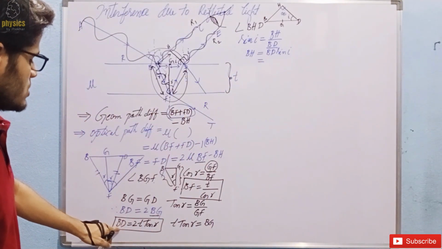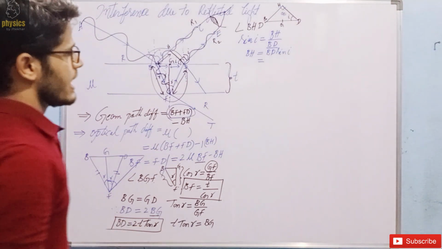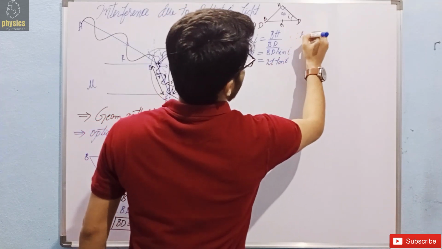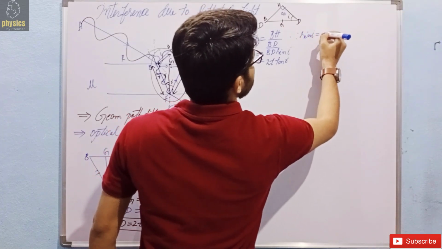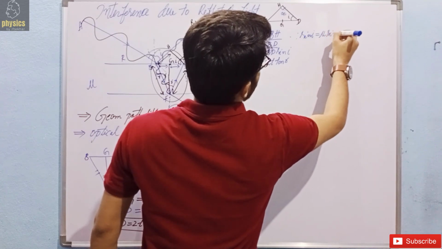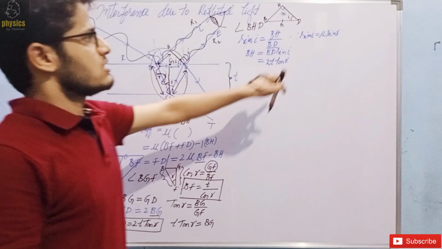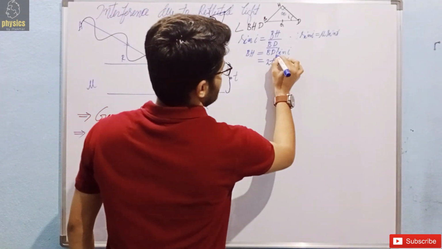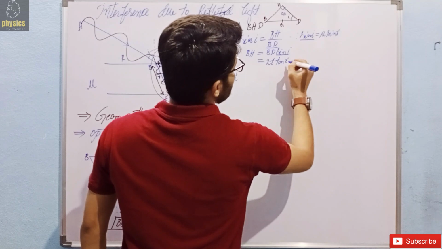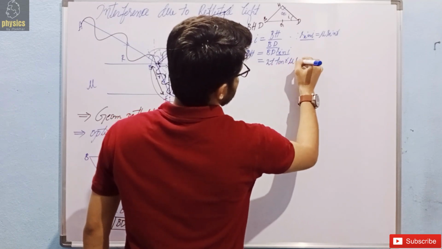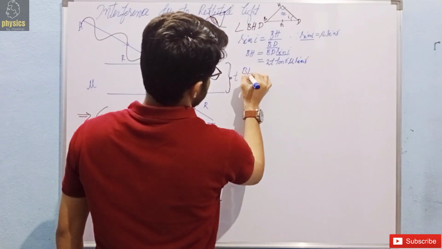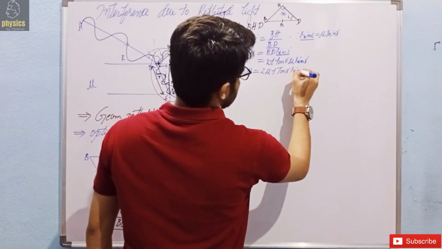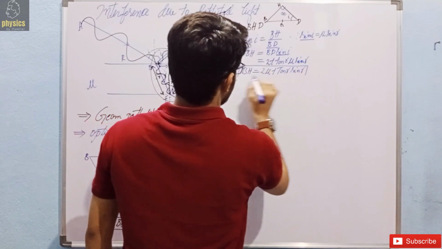From this equation, BD is equal to 2T tan R. And from Snell's law, sine I is equal to mu sine R. So I'll be replacing this sine I with mu sine R. So BH is equal to 2 mu T tan R sine R. I got the value of BH.